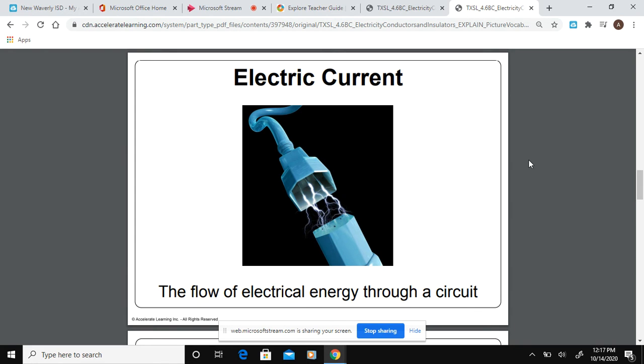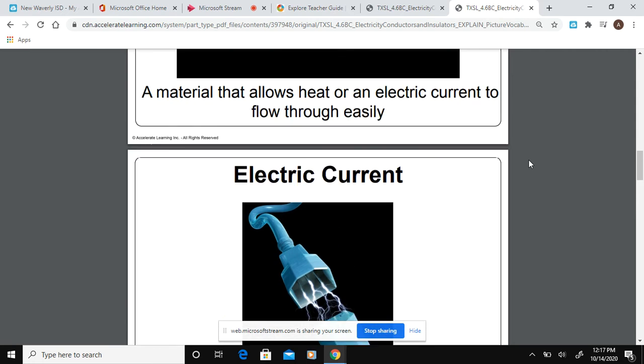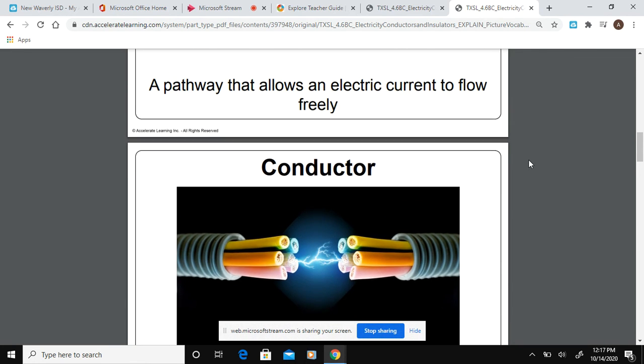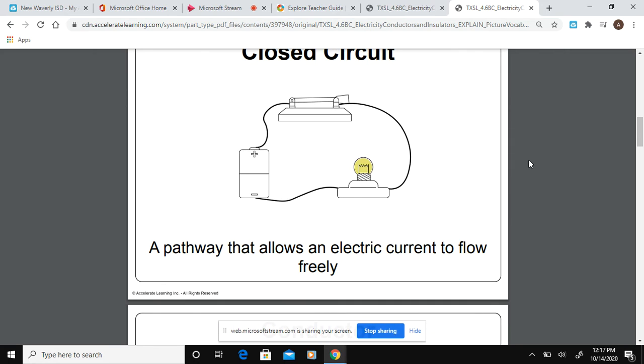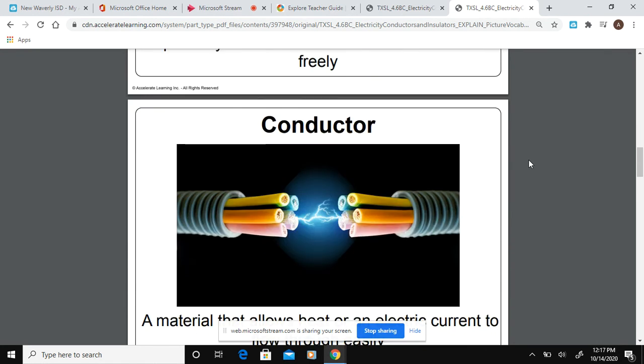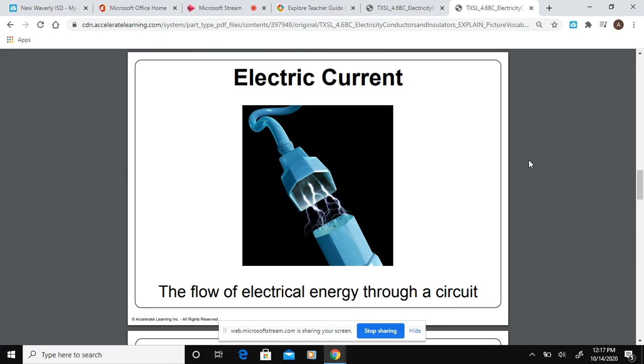If we go back up to our closed circuit, we can see the flow of it from the battery to the light bulb itself. That is the continued flow of the electric current, of electrical energy. That is what electric current is.